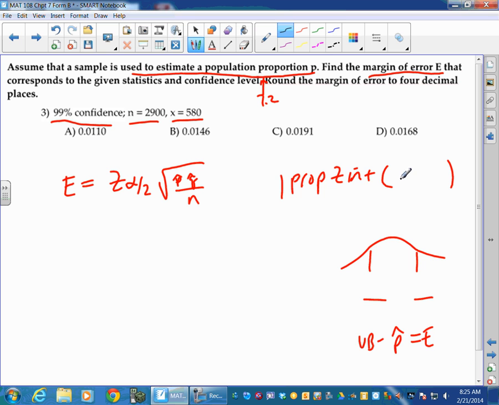Okay, we're on 1 prop Z int. So, 1 prop Z int. What number does he put in? Isn't it X in to the confidence level? Okay. Does everybody know where to find that button? Fantastic.